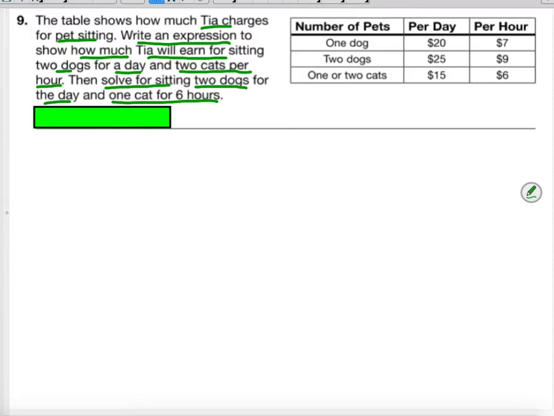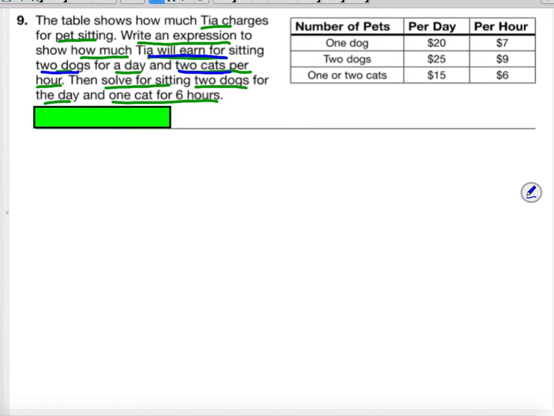Okay? So anyways, here we go. In order to write the expression, you have to understand what you're dealing with. Okay? And in this case, you are dealing with the 2 dogs per day and 2 cats per day rates.